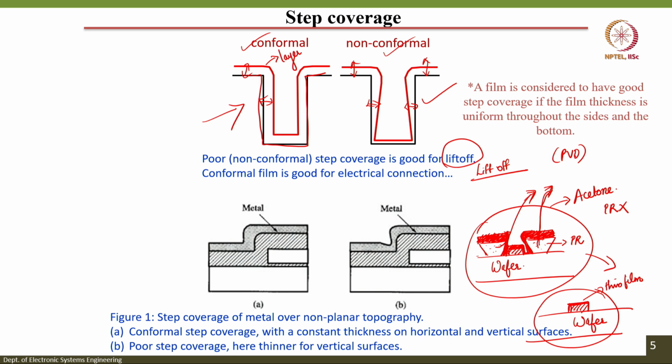But if you are planning to have a lift-off technique in your entire process flow, it is always desired to have a non-conformal deposition. But if you are planning to have normal lithography and patterning techniques, you would always prefer to have a conformal deposition. So, the entire catch point from this particular slide is that it depends upon your process flow.